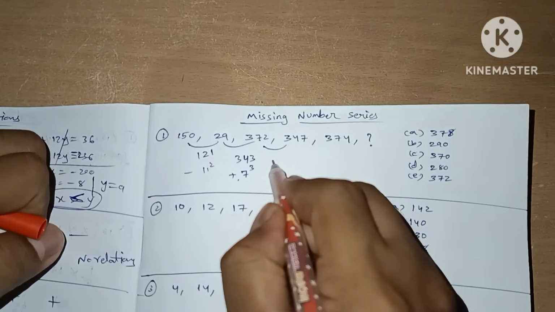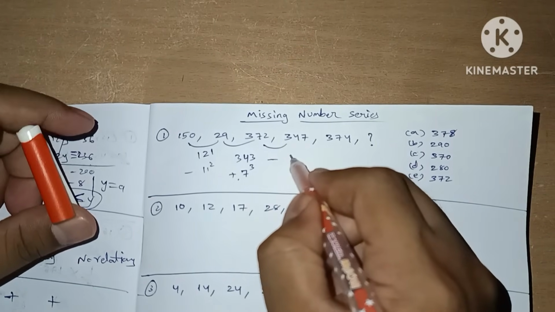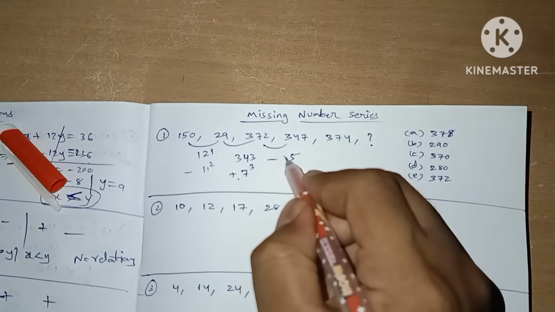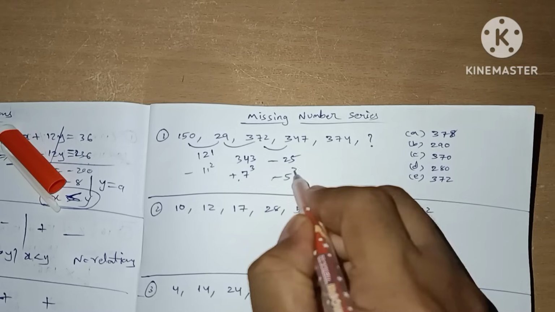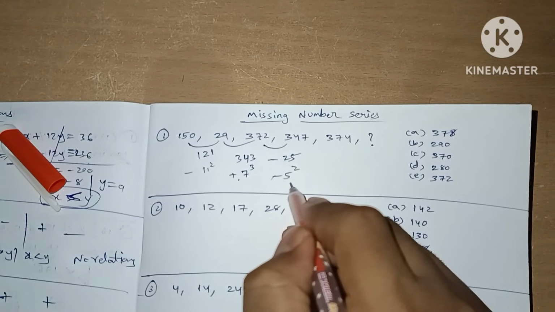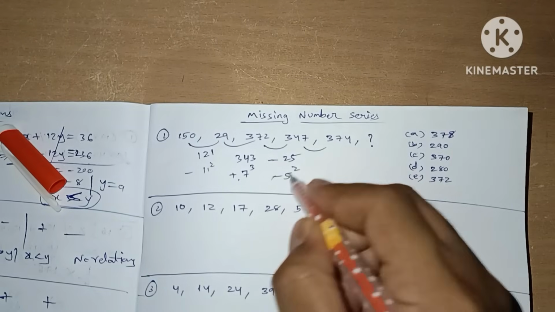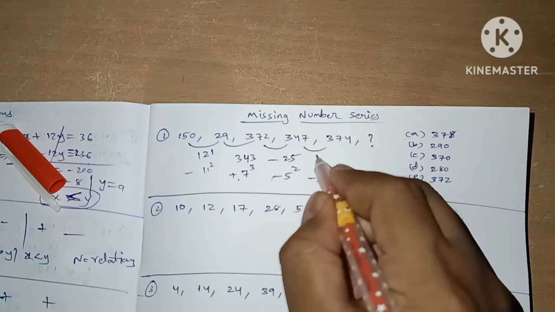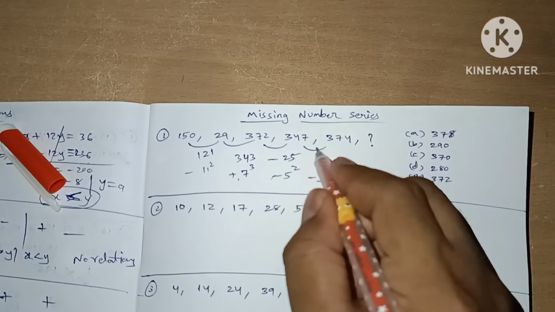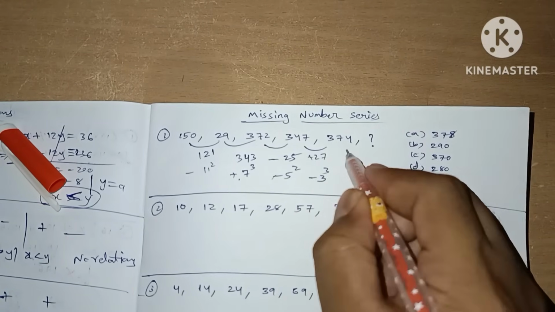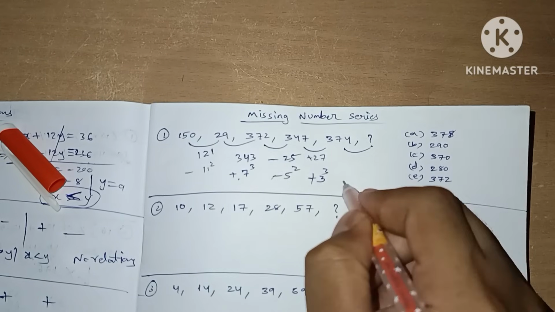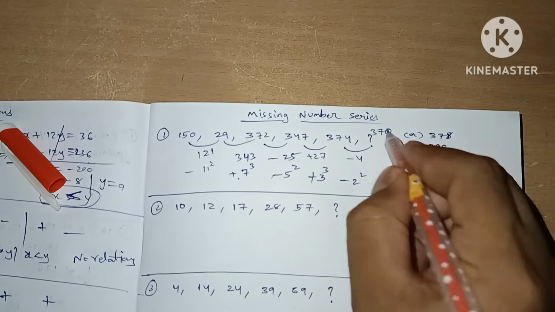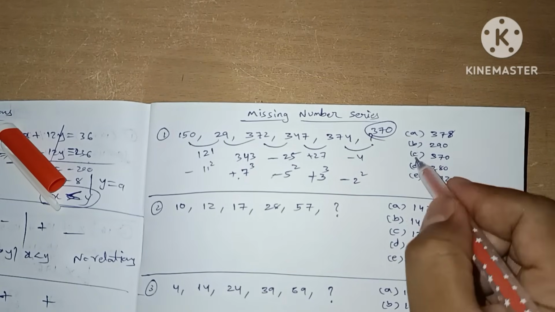This is minus 5 and 2. So it must be minus 5 square. These are prime numbers, squares and cubes. So here must be minus 3 cube, which is 27. The difference between these two is also 27 plus 27. Okay, the next one must be minus 2 square, which is 4. So answer will be 370. So option C is our answer.